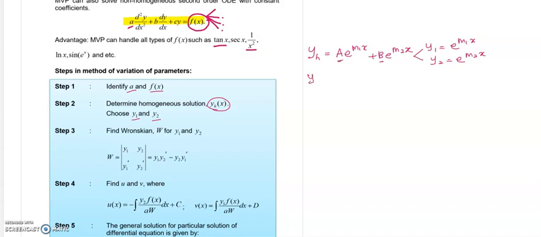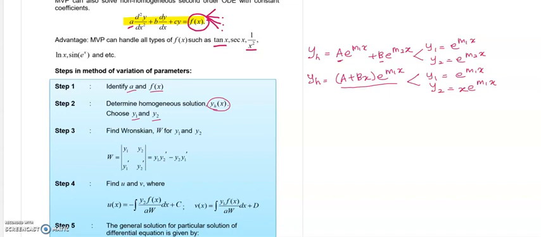If your y_h is, for example, (A plus Bx) e^(m1 x), then in this case our y1 should be e^(m1 x), and y2 is x e^(m1 x). You can see that if you expand this bracket, we have two terms.